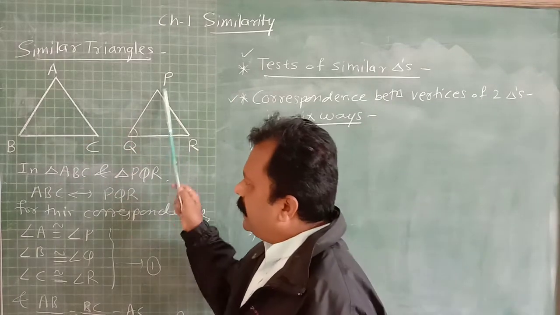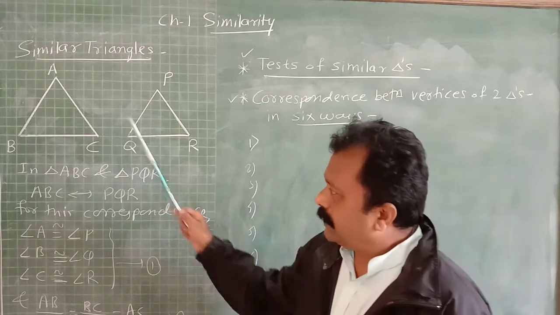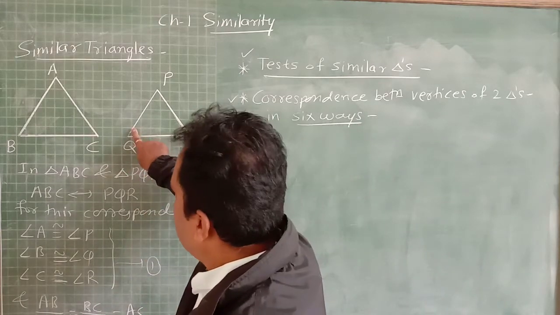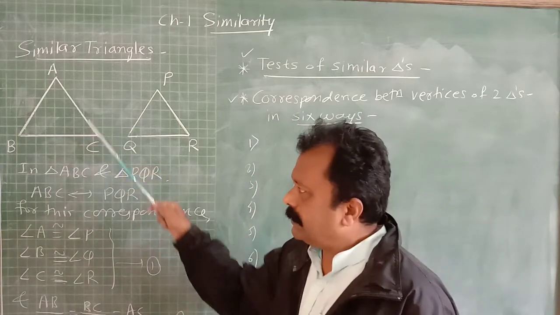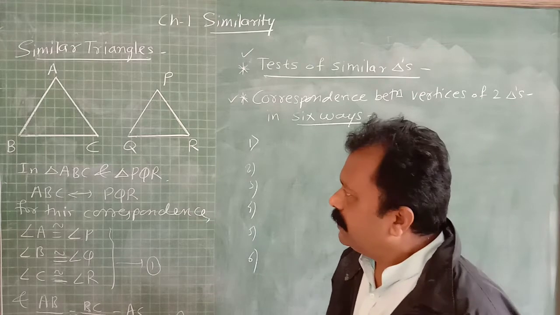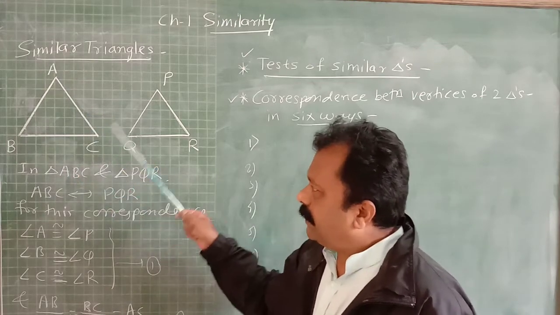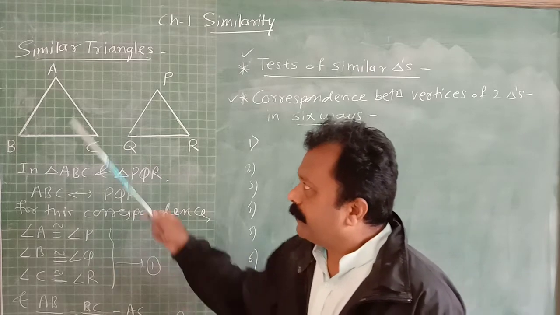Now, suppose triangle ABC and triangle PQR are given. Then, how to write correspondence between two triangles? Now a triangle means 3 sides and 3 angles, means 6 components. ABC are the vertices, PQR are also vertices of these two triangles.